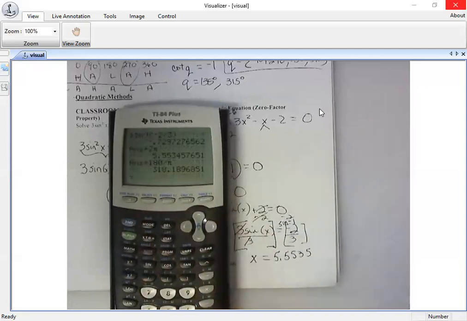Okay, 318 degrees. That means I'm in quadrant 4. All right, and I do know that sine is negative in quadrant 4. Where else would sine be negative? So I'm going to need to figure out what this would be in quadrant 3, right? And so how am I going to figure that out?